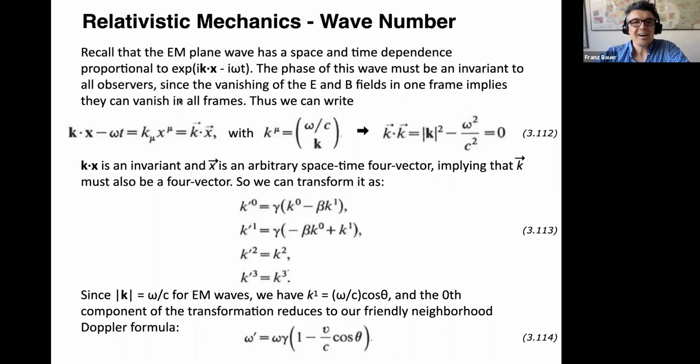And so in this limiting case, we can rewrite the wave number and the time component as this thing, or as this thing. We can have a wave number four-vector, which looks like this. And so it would have a time component and a space component.